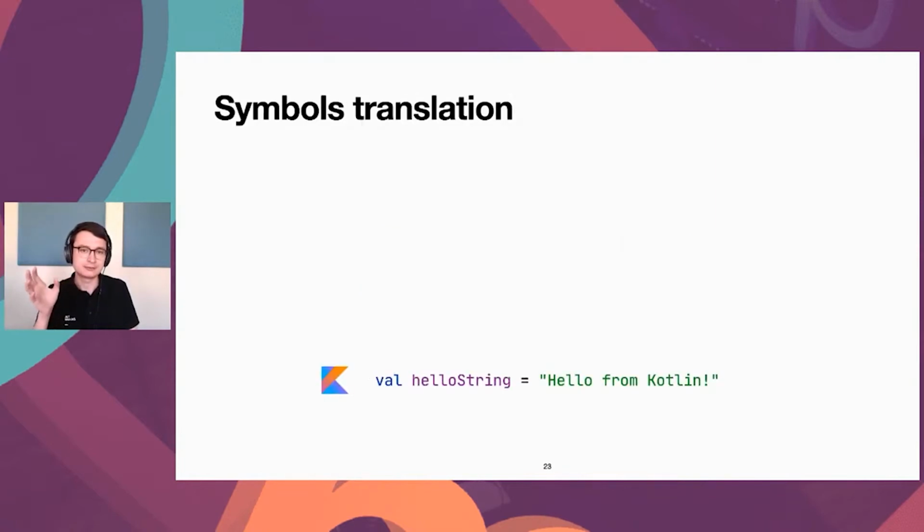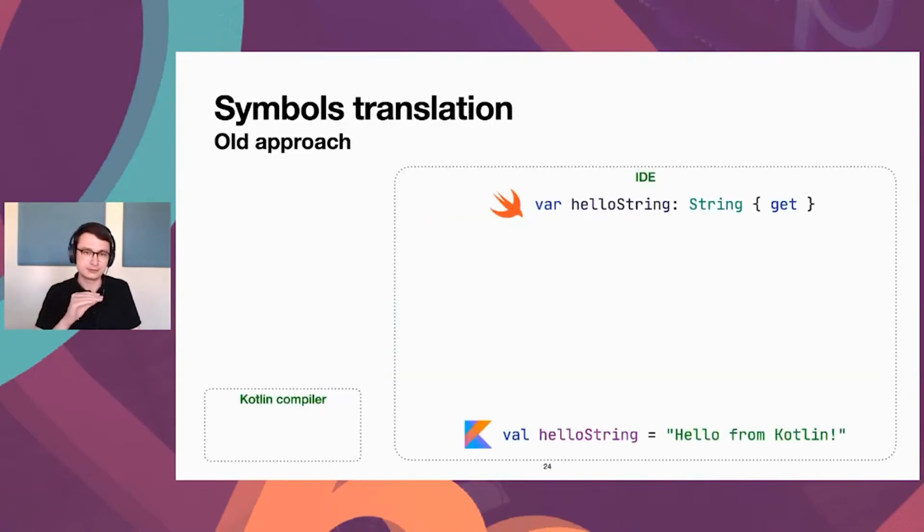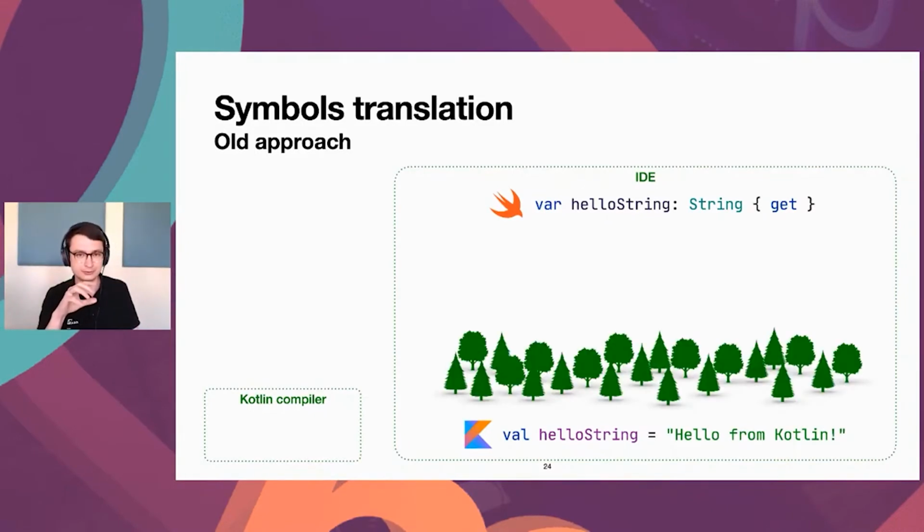Let's imagine you have a hello string in Kotlin, and it's a symbol, and you want to get this Swift symbol, a representation of how it would be represented in Swift. And this is how it used to work. So you have an existing Kotlin symbol, you have the desirable Swift symbol. And you can't go directly from one point to another because there is a very, very dark forest between them.